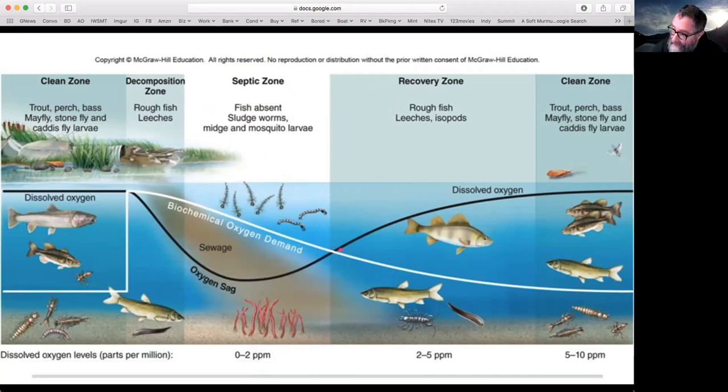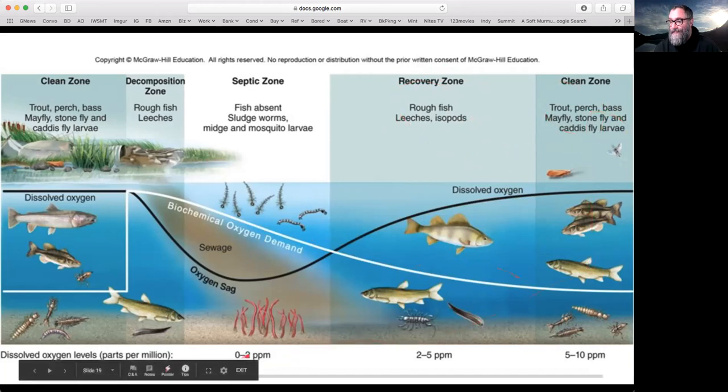In the recovery zone, you can see that dissolved oxygen's coming back up. That's because you're interacting with the atmosphere. And with less activity, the water can now hold more oxygen. So some stuff can live in the recovery zone and eventually a clean zone again. You can see the parts per million numbers at the bottom.